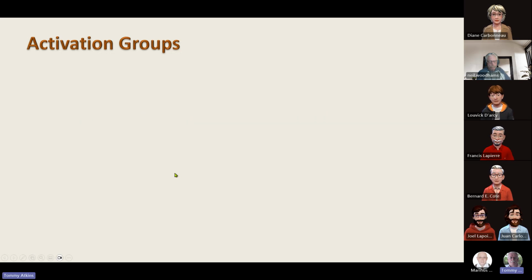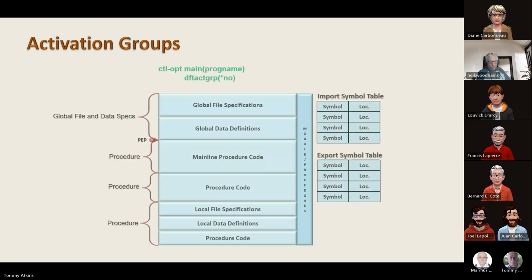So let's have a look at what is an activation group, or how do I manage? First of all, how do I get an activation group? There's the program that we're used to seeing, and there we have default activation group no, i.e., when this program executes, it's going to kick itself out of the default activation group.